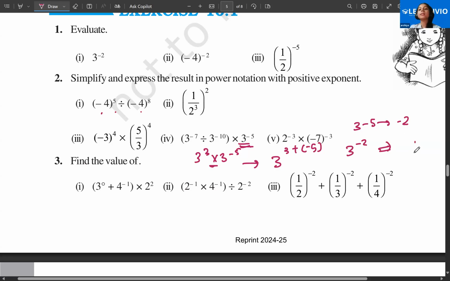Now you will open this. This will become 1 by 3 square, and 3 square is, sorry, not 6, 9. So 1 upon 9. Okay.